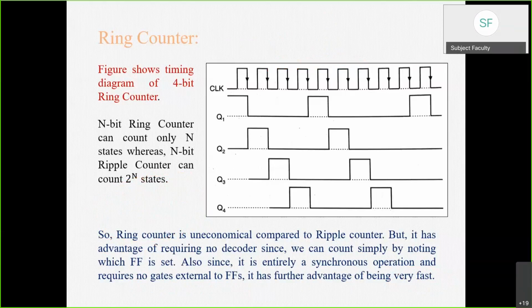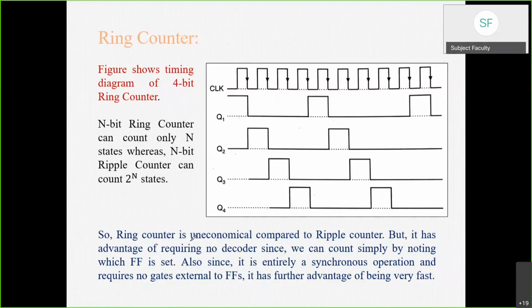Now what is the disadvantage of ring counter as compared to ripple counter? Again, ring counter is nothing but a synchronous counter and ripple counter is nothing but an asynchronous counter. The disadvantage of ring counter is that it is uneconomical compared to ripple counter.